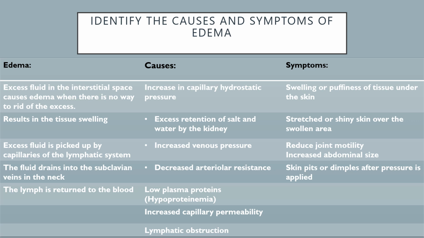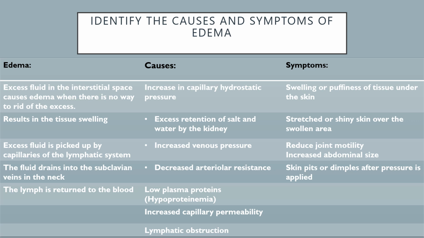Causes of edema are increase in capillary hydrostatic pressure, excess retention of salt and water by the kidney, increased venous pressure, decreased arterial resistance, low plasma proteins, increased capillary permeability, and lymphatic obstruction.